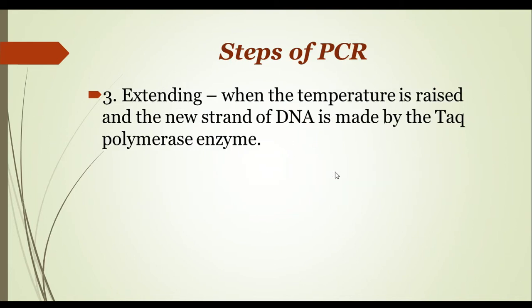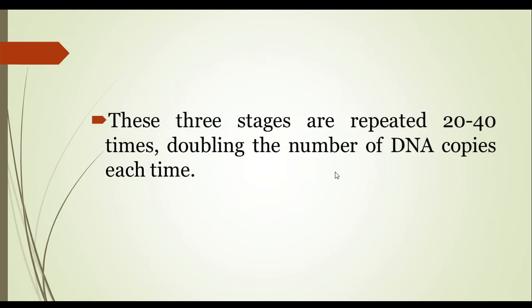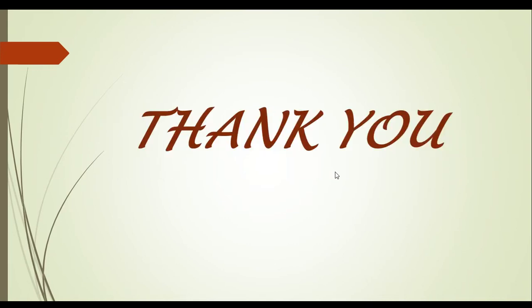After that, third step is extending. When the temperature is raised and the new strand of DNA is made by the Taq polymerase enzyme, this step is called extending. Now, these three stages are repeated 20 to 40 times, doubling the number of DNA copies each time.